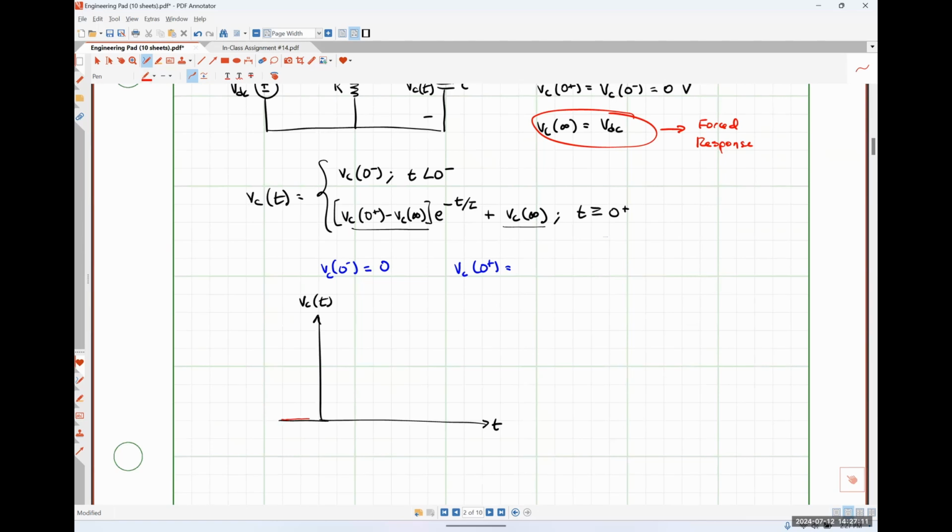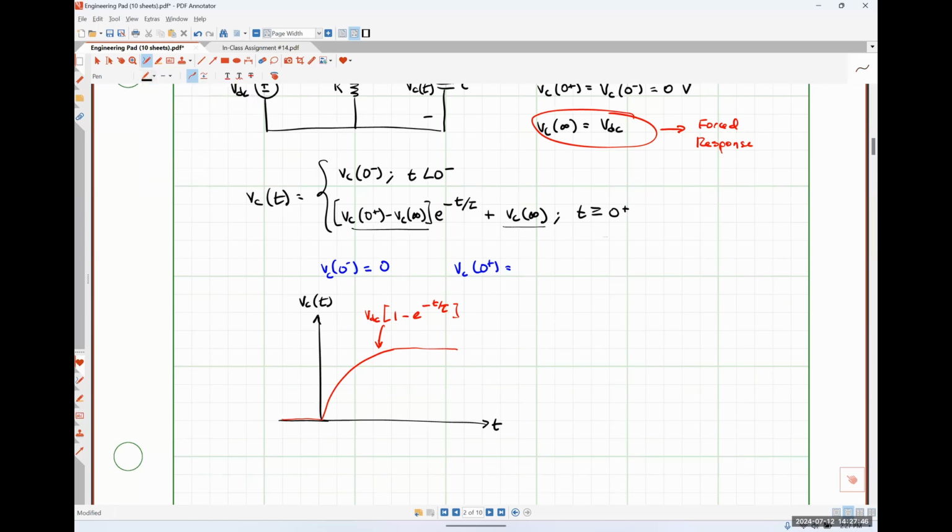So it would start at 0, and then it would gradually increase like so, where this curve right here looks like VDC times 1 minus e to the negative t over tau. And so that's what a charging capacitor is going to look like.